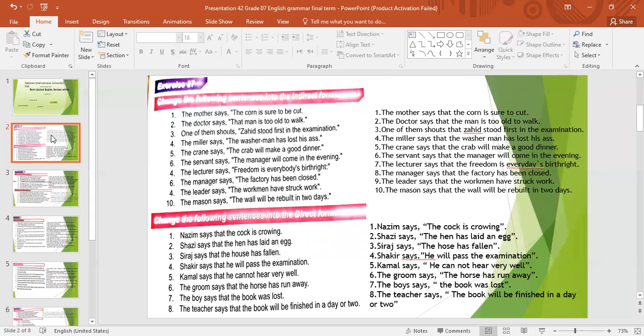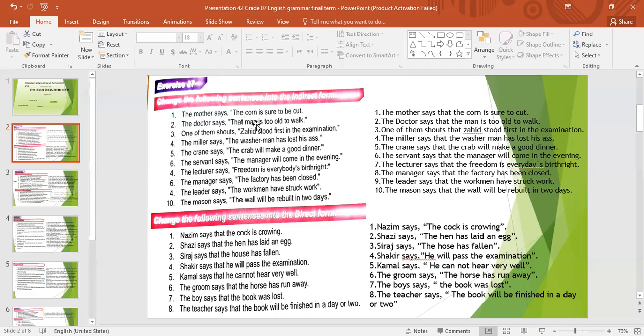So direct speech, dear students, number one. There are some points in direct speech so that you can understand it better. Direct speech is put within inverted commas. In a sentence, the part which is in the middle of inverted commas is called direct speech.